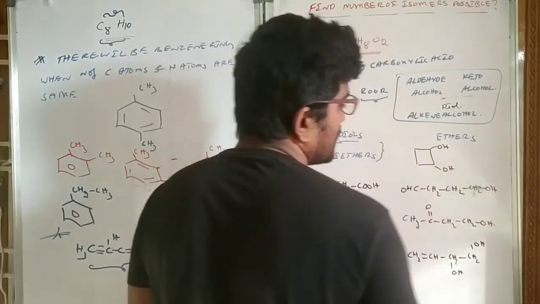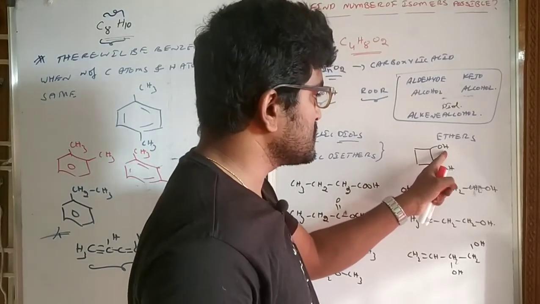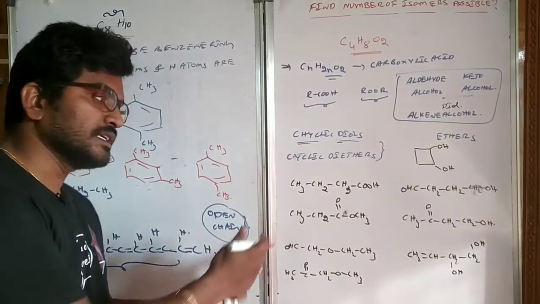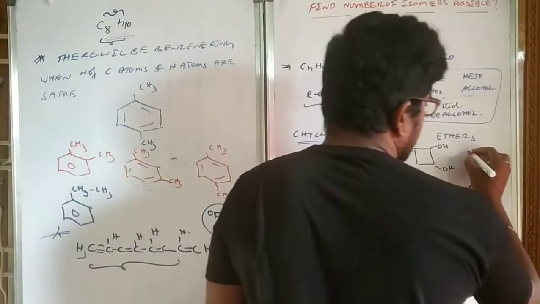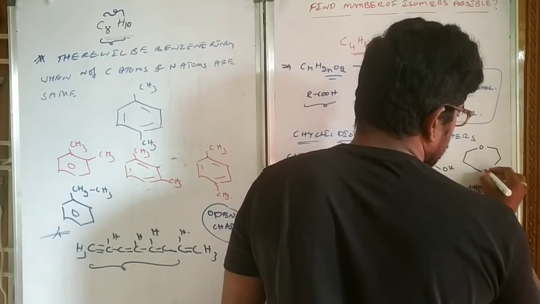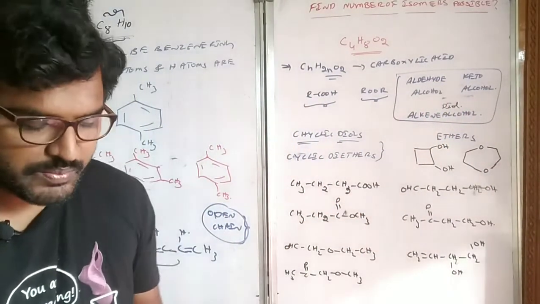OH and then OH will come. Number of carbon atoms is 4. Hydrogens will be 1, 2, 3, 4, 5, 6, 7, 8 will come. Like this number of compounds you can have. And you can have ethers also. Like this number of compounds are possible.